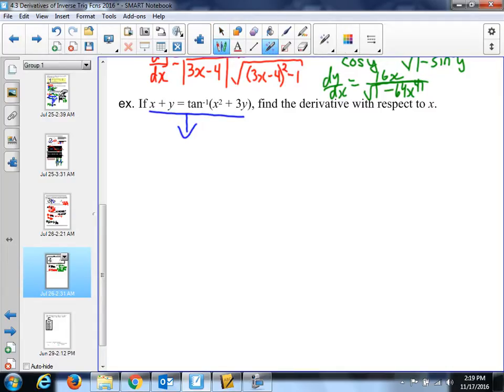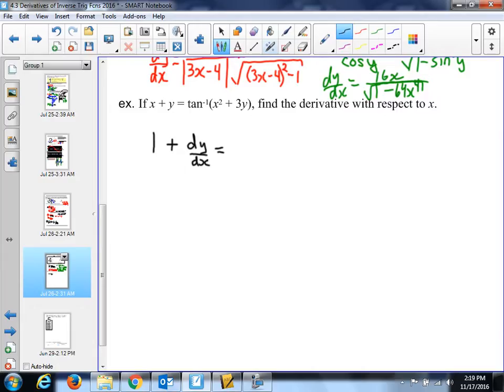The first part, x, becomes 1 plus dy by dx, one group of dy by dx. Equals. Now, the tan inverse, the derivative is u prime on the top. They all have u prime on the top, don't they? And then u squared plus 1 underneath.